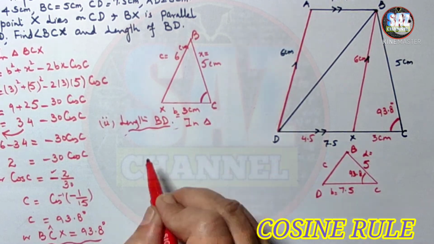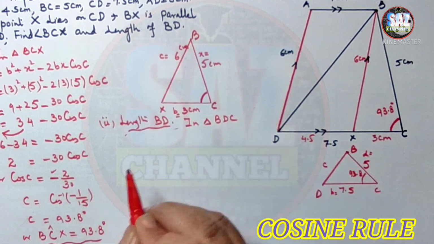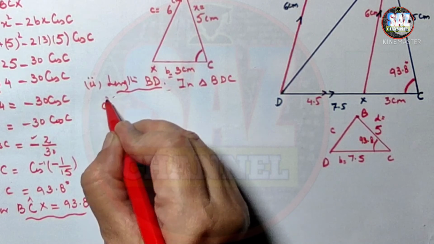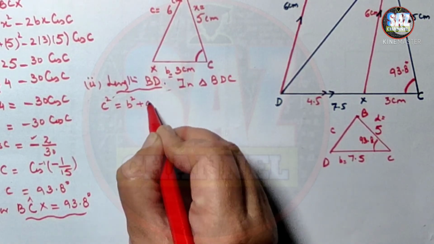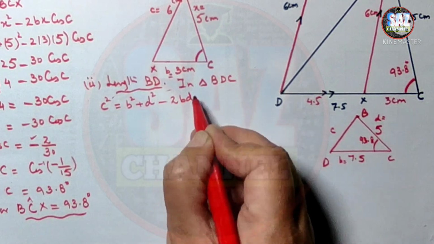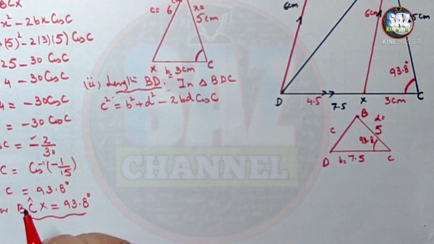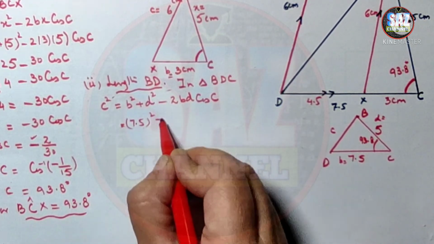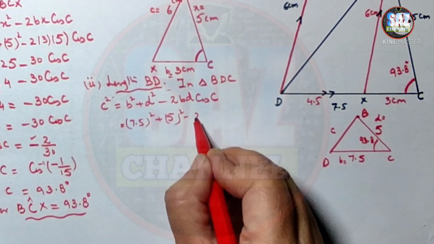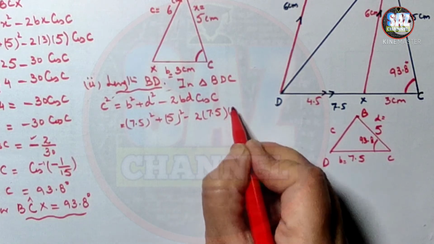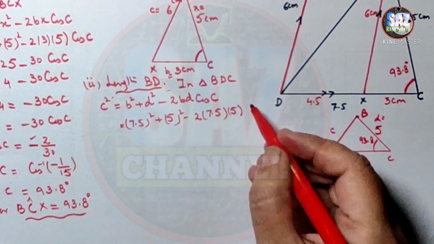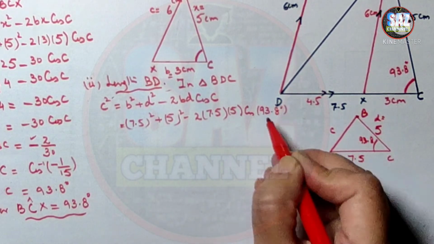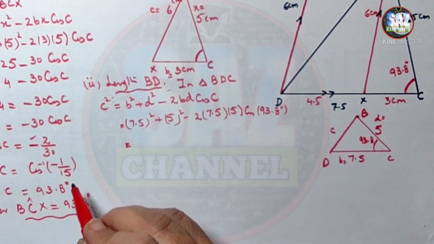In triangle BDC, we have to find length c. c square equals b square plus d square minus 2bd cosine of angle C. Now b has the value 7.5 square, d has the value 5 square, minus 2 into 7.5 into 5, and cos of 93.8 degrees, or we can write it minus 1 by 15. It's up to you.